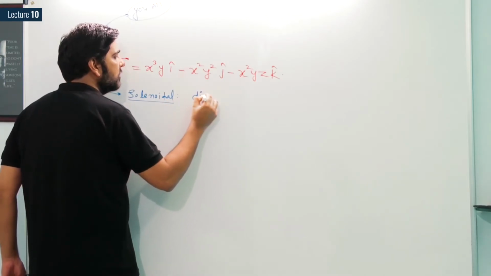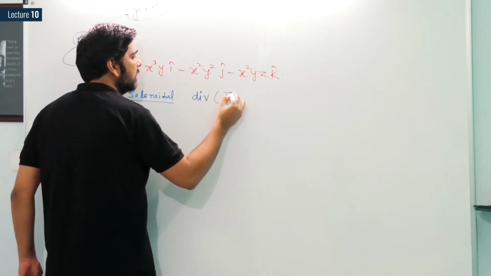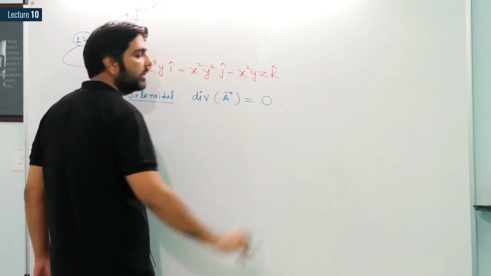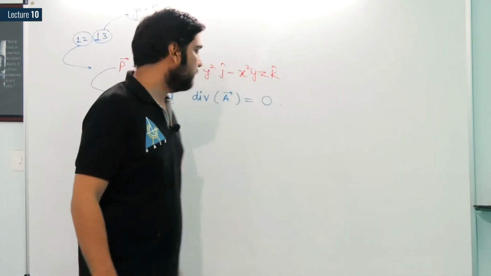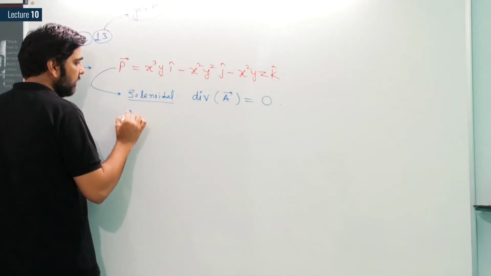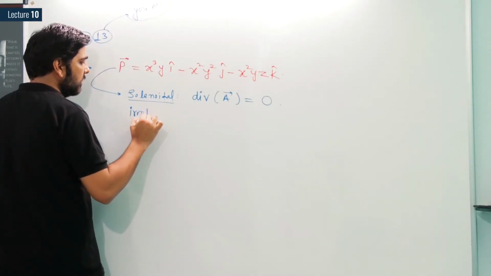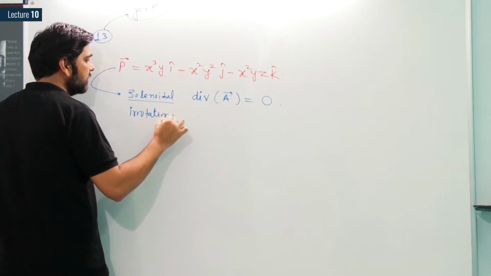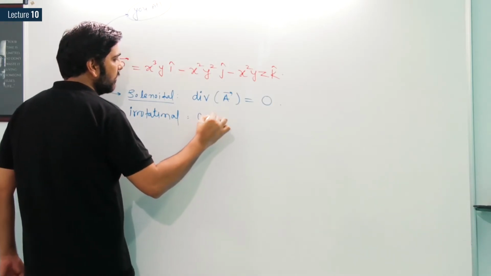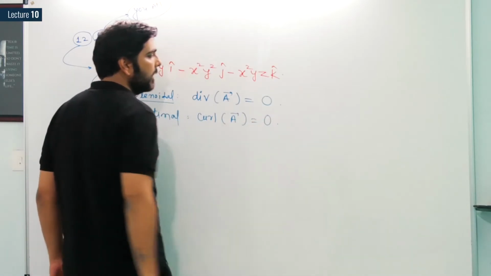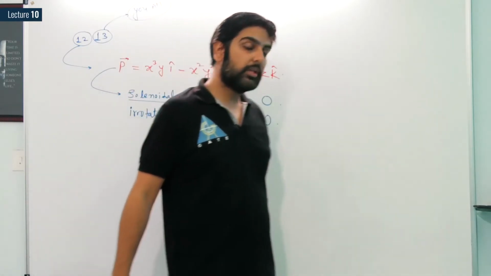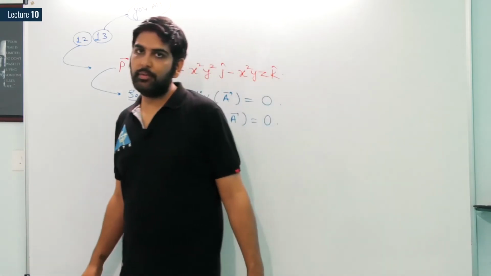If the divergence of any vector A is equal to 0, then the vector is referred to as solenoidal or incompressible. Again, irrotational: if the curl of any vector A is equal to 0, then it is referred to as an irrotational vector. We have done with it.